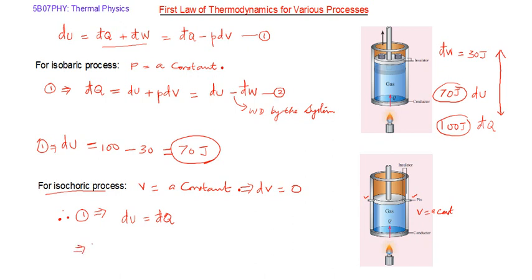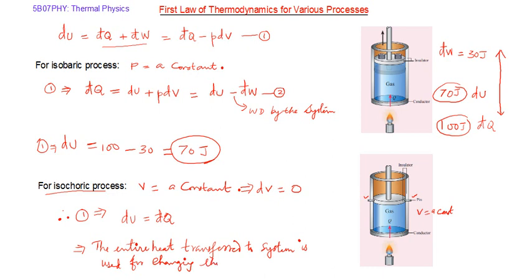The entire heat energy, this is the thing to be kept in mind, the entire heat transferred or gained to the system is used for changing the internal energy of the system.